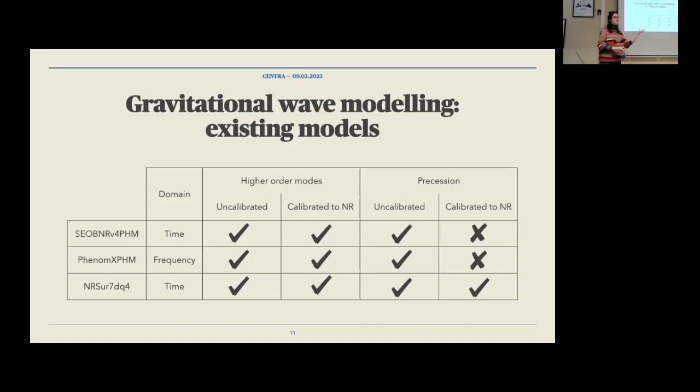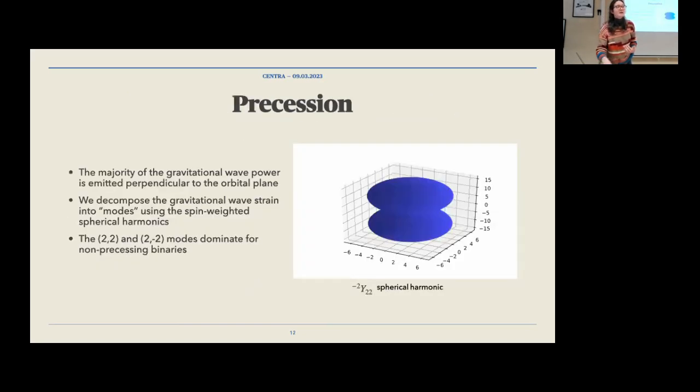First and foremost, you want to get the dominant signal right, then you move on to the higher order effects. And so we're still moving through this process. What I will be presenting today is an extension of the Phenom family of models to include numerical relativity information about precession. So exactly what is precession?